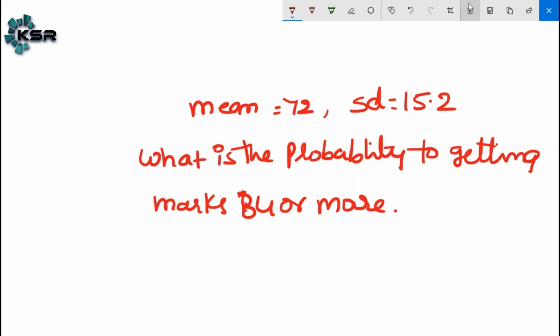What is the probability of getting marks 84 or more? So here, how do I write this one? What is the minimum value?